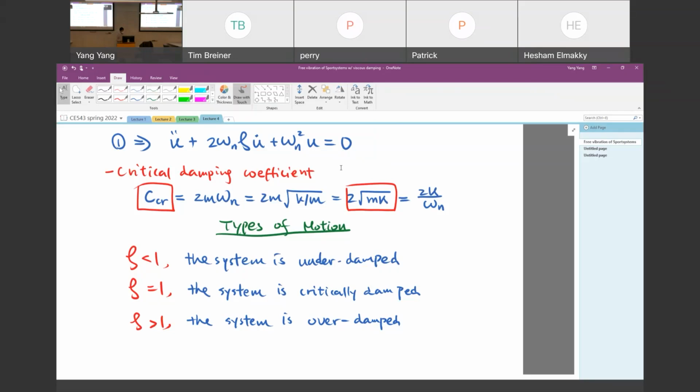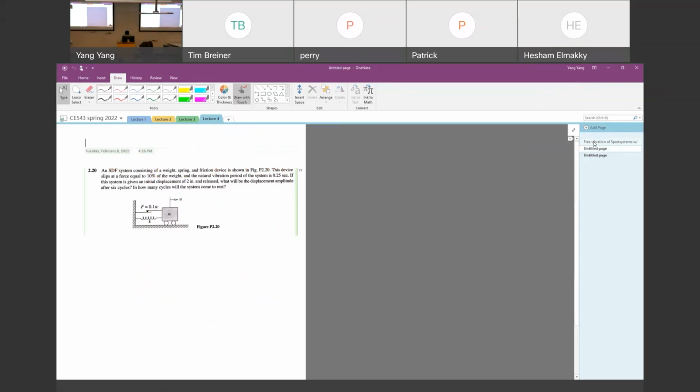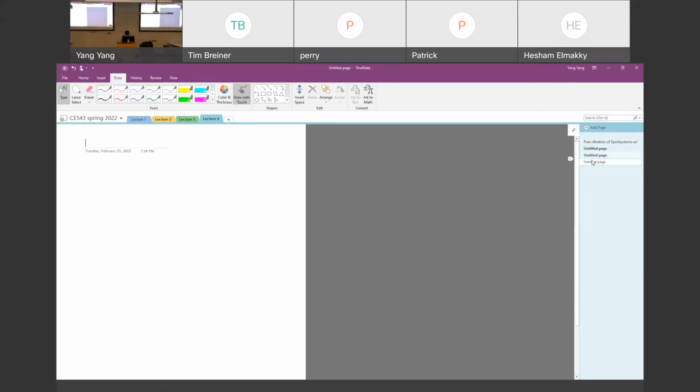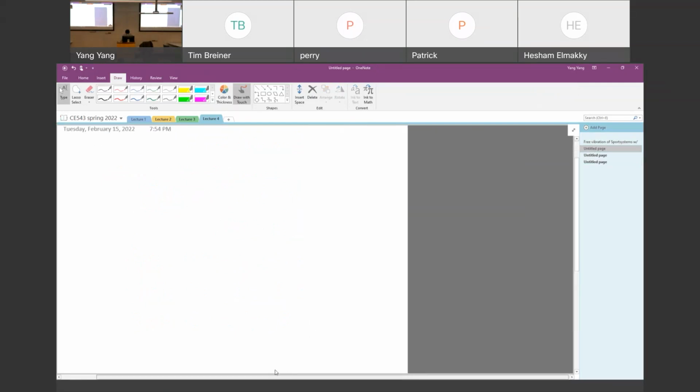But for this class, since our focus is the application, we will not go into the details of how we solve this problem. So we can just go ahead and give you the solutions.